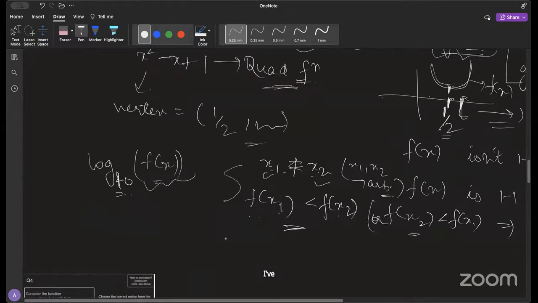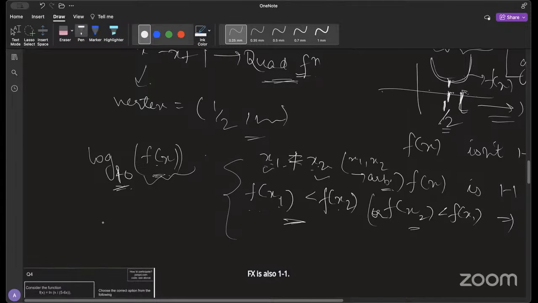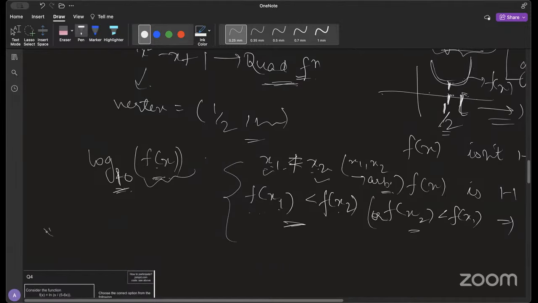I've explained this entire thing: if your f(x) is 1-1, then your log base 10 being an increasing function, that's why we can say for sure that if your f(x) is 1-1, then your log base 10 f(x) is also 1-1. Is this part clear? Yes, ma'am.